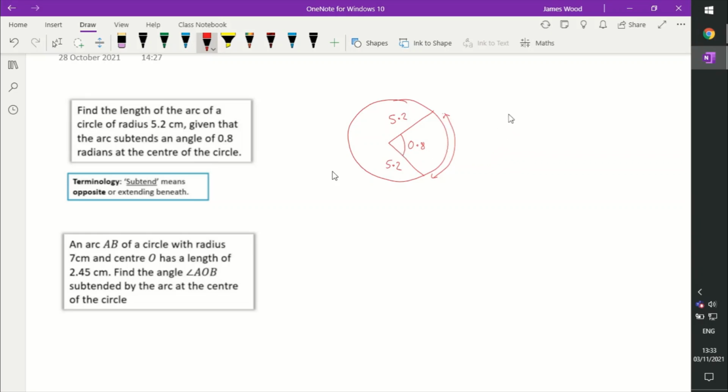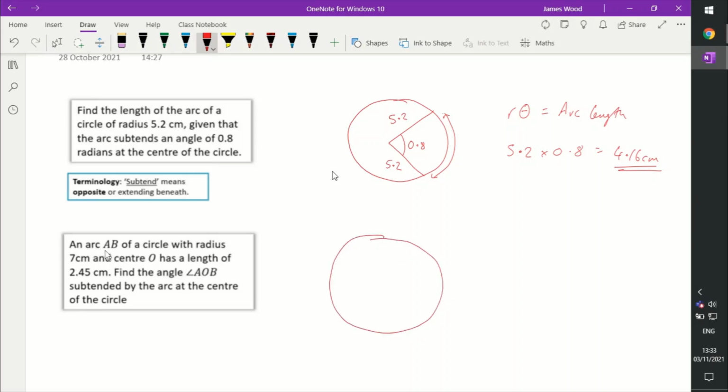So we can just use r theta to find the arc length. Here it is literally going to be 5.2 times 0.8, which gives me 4.16. Okay, easy.